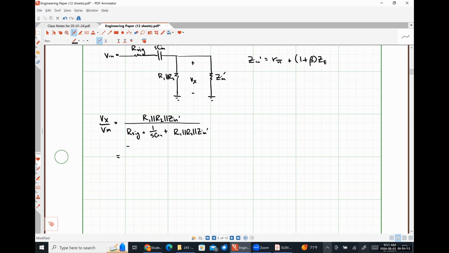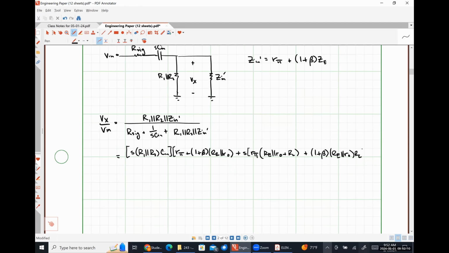this winds up looking like S times R1 in parallel with R2 times Cn times R pi plus 1 plus beta Re in parallel with R naught plus S times R pi times Re in parallel with R naught plus RL plus 1 plus beta Re in parallel with R naught times RL.